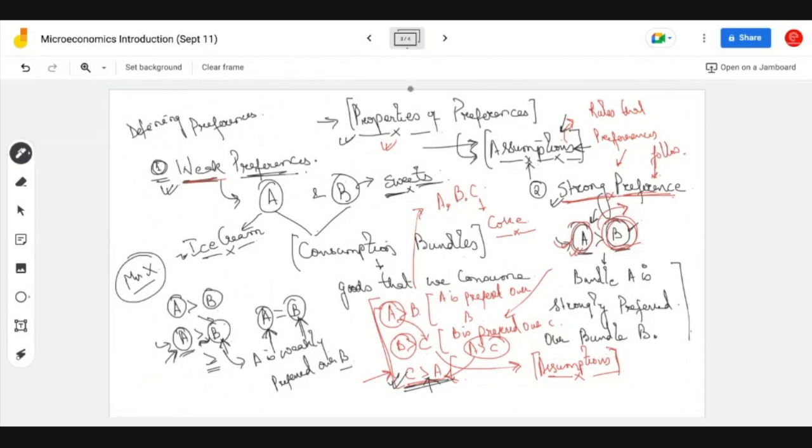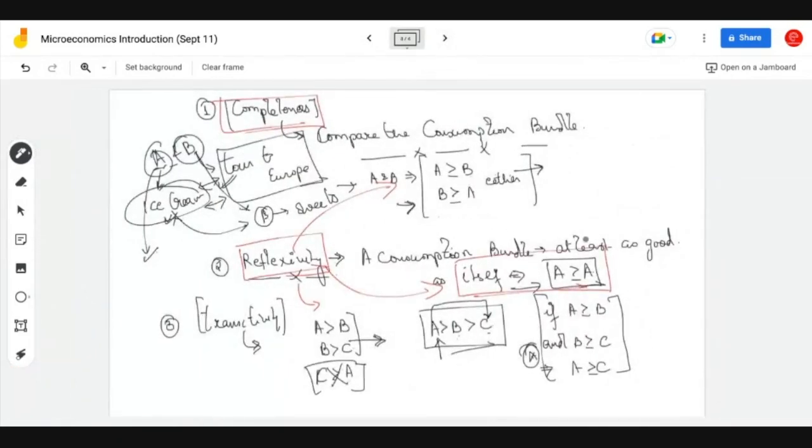So now the question that we need to ask ourselves is, we are talking about all of these bundles, so how do we represent our preferences? Let's say we consume two goods. One is ice cream. Second, let's take the example of samosa.